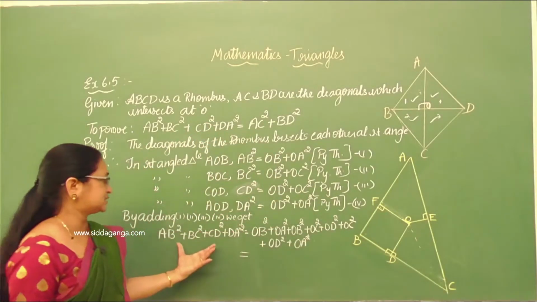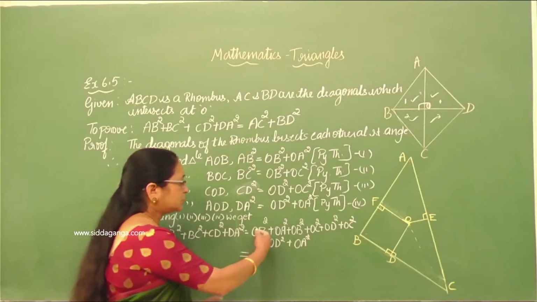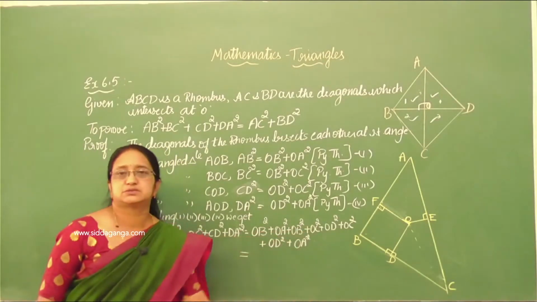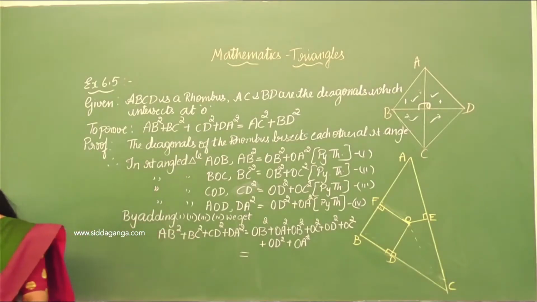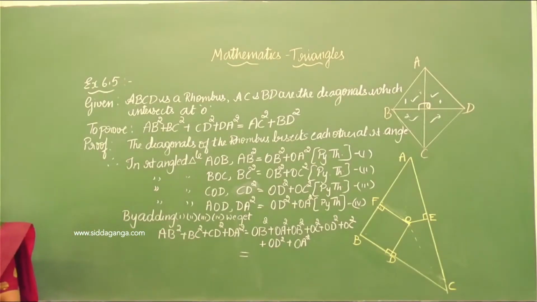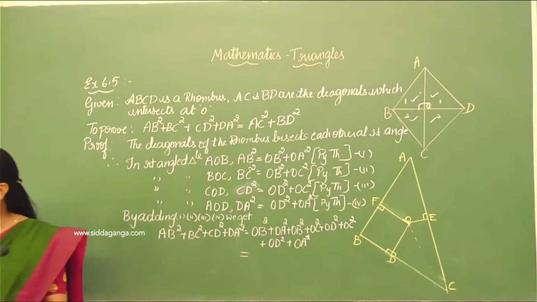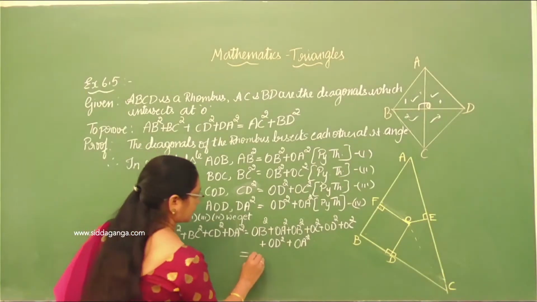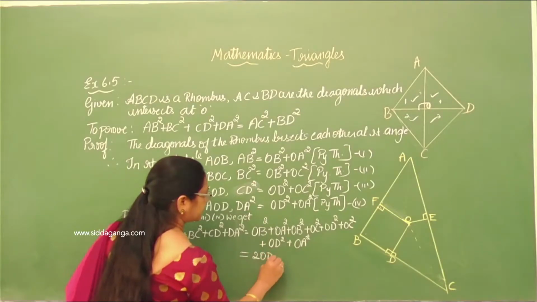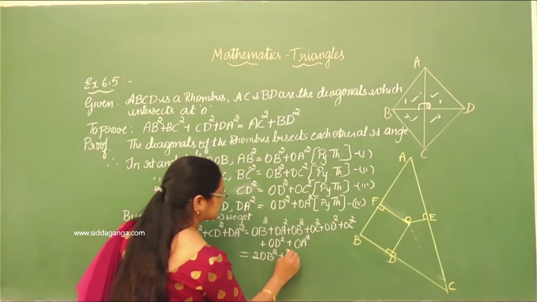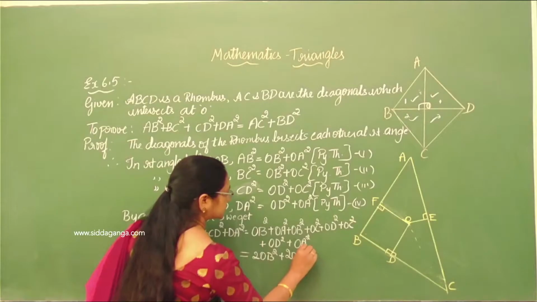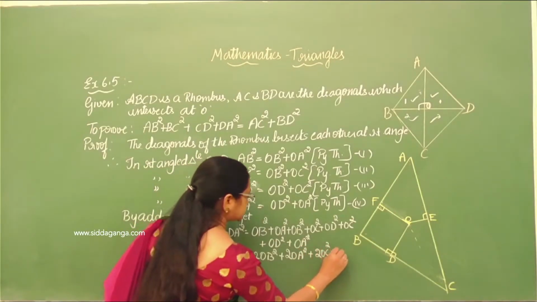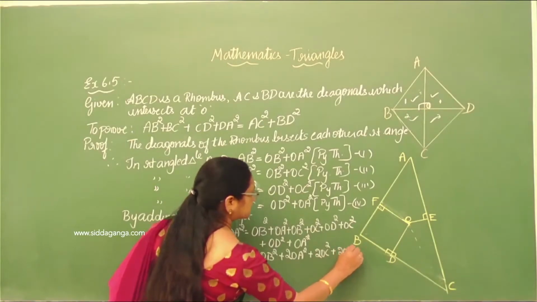Now we can rearrange this, but before that we'll add all this: 2 OB square plus 2 OA square plus 2 OC square plus 2 OD square.